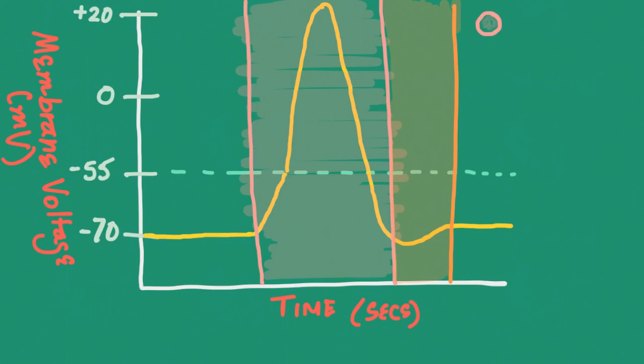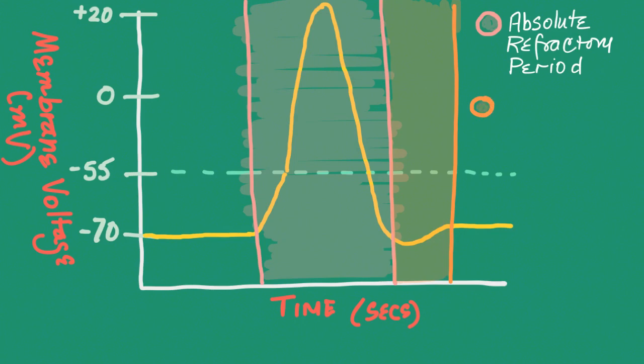So that area shown in pink here with the do not disturb sign is called the absolute refractory period. The other area that is shown in orange says, do not disturb me, but you can if there is an emergency. Only disturb me if there is an emergency.